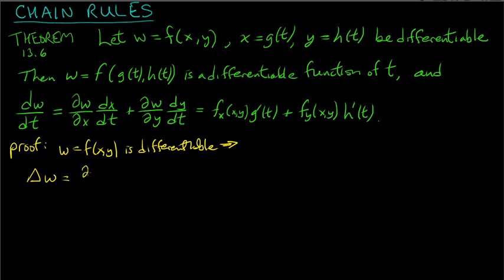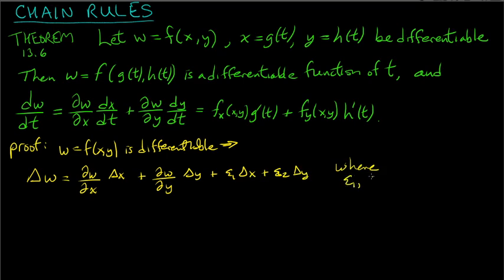We can write it as the partial of w with respect to x times delta x plus the partial of w with respect to y times delta y plus epsilon 1 times delta x plus epsilon 2 times delta y, where epsilon 1 and epsilon 2 both approach 0, as delta x and delta y approach 0.